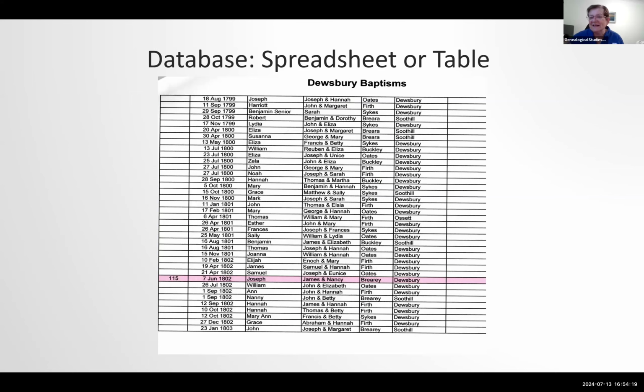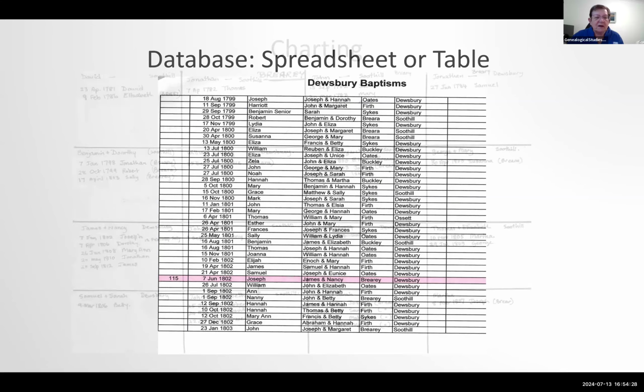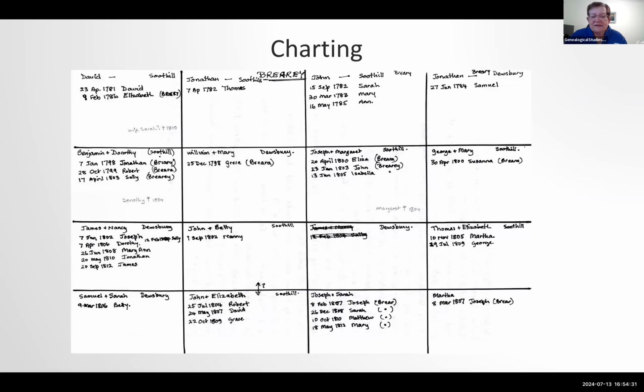So how do I then go about separating which John Breary or which James Breary am I interested in? I draw myself a little chart and I go through the list and I've put right at the top what was right at the top when I started, Breary. And then I've put where I've had different spellings beside the name of the child.